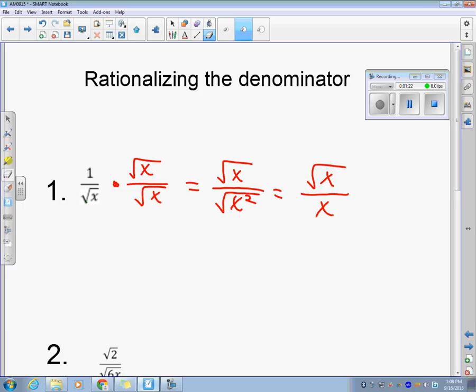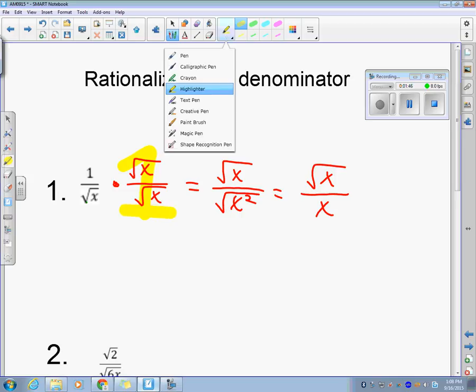So again, our goal here was to make sure there was no radical in the bottom. So we picked a 1 that would allow us to not have a radical in the bottom. And the one that we picked was kind of magical because this value is 1. A lot of people have a little trouble deciding which one to pick.